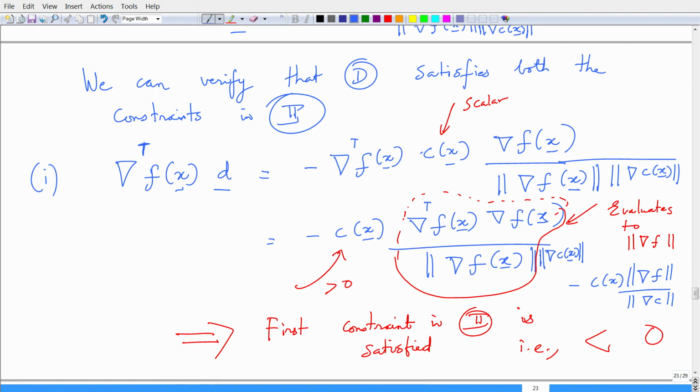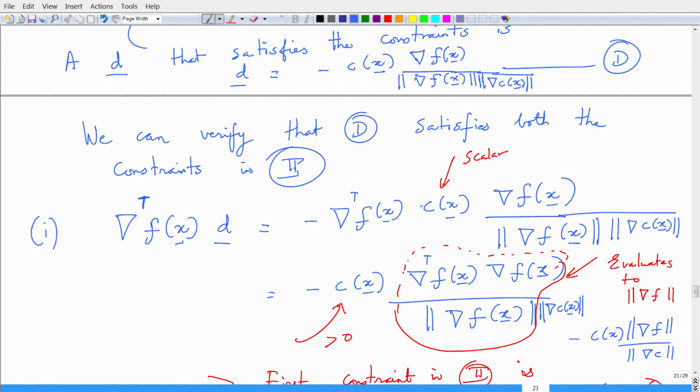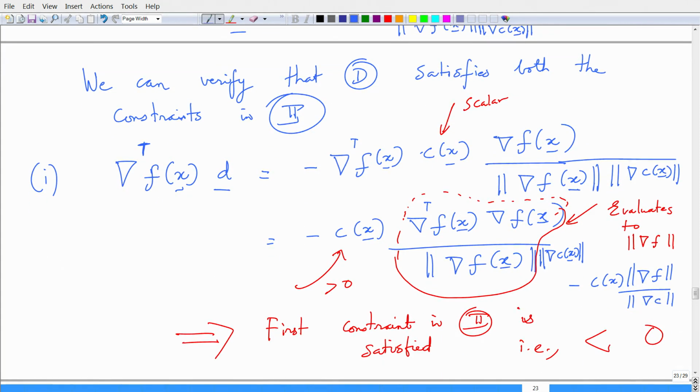All of the other quantities are positive, that is norm del f and norm del C, that ratio is positive, C is positive. So, you have a negative sign sticking to two positive products here. Therefore, the first constraint is satisfied because del f times d is strictly less than 0. Of course, you have to bear in mind that del f and del C are non-zero quantities.